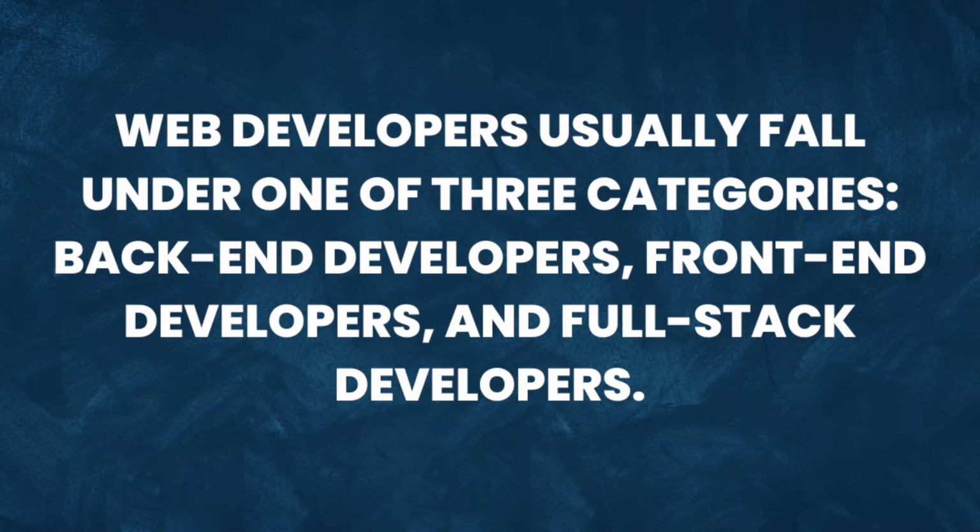The three major categories are the back end developers, front end developers, and the full stack developers. So if you are a web developer, you must fall into one of these categories. You are either a back end developer, a front end developer, or a full stack developer.